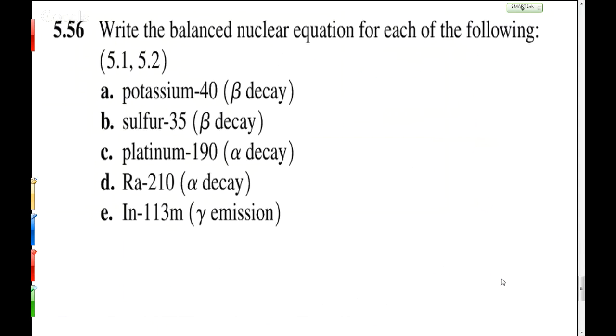And all they're giving you is the isotope and what kind of decay it undergoes. With just that information, you should be able to write a complete balanced nuclear equation. You may need to flip back to your notes from Tuesday because we haven't studied that much yet, but take a look at that, see if you can figure that out.